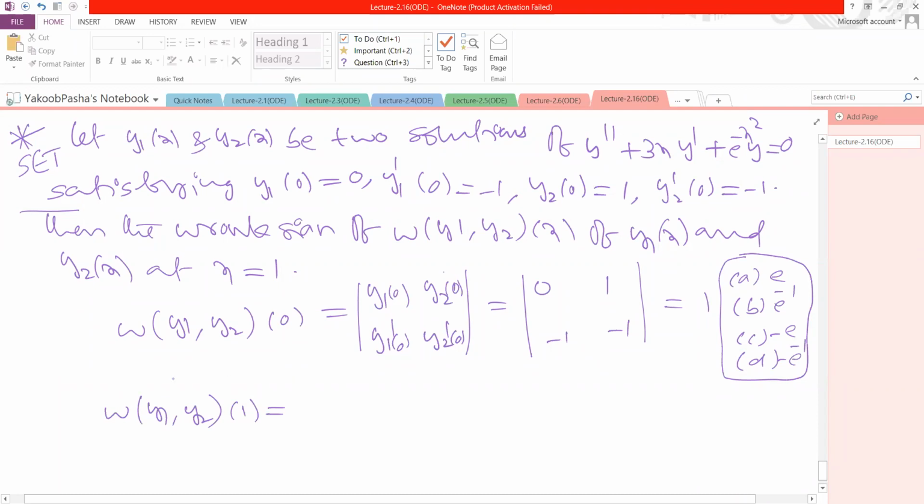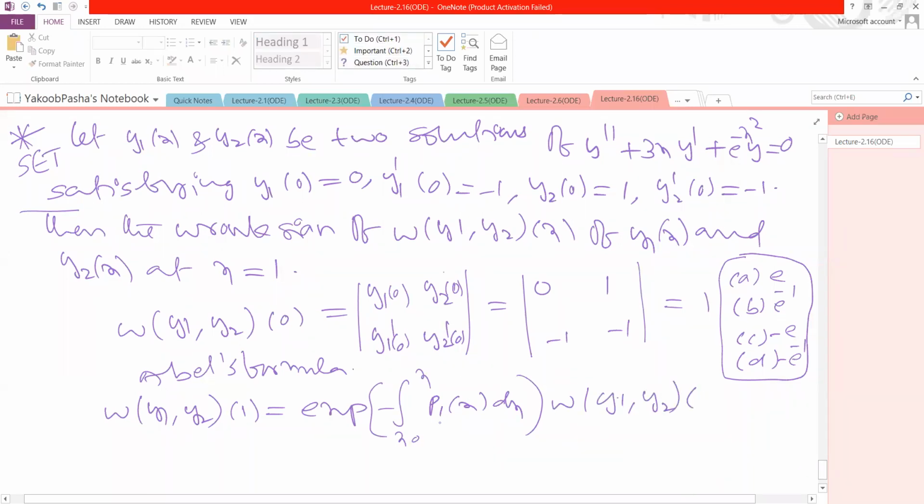We can use Abel's formula here. Abel's formula: Wronskian of y1, y2 of x is equal to exponential of minus integral from x naught to x of p1 of x dx, times the Wronskian of y1, y2 at 0.